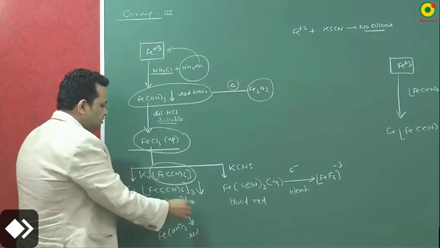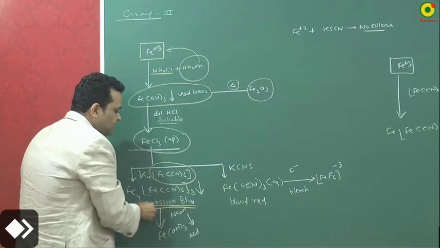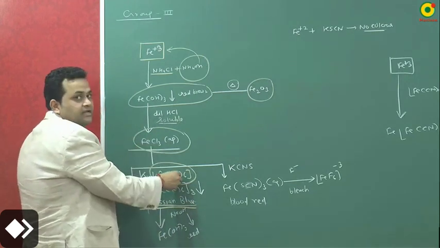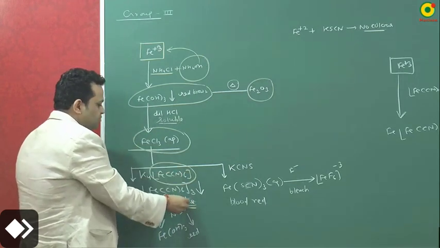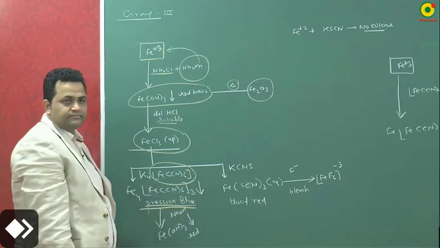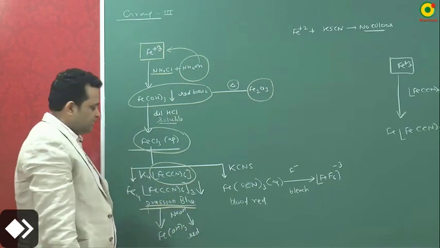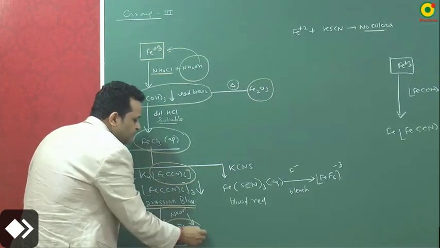This compound is called Prussian blue and it is a blue colored compound. This precipitate when dissolved in NaOH solution again gives red precipitate of Fe(OH)3.